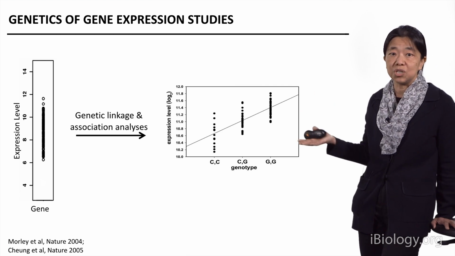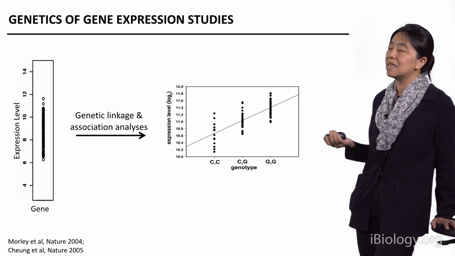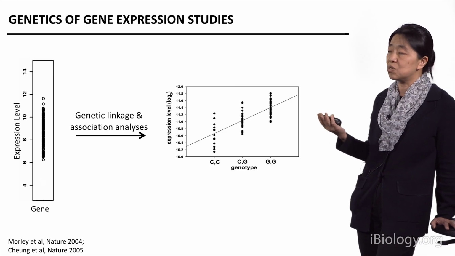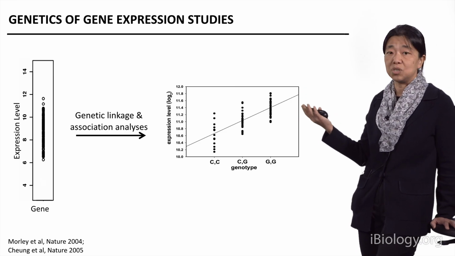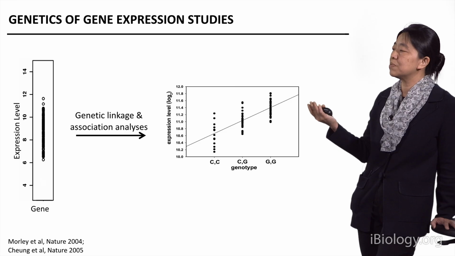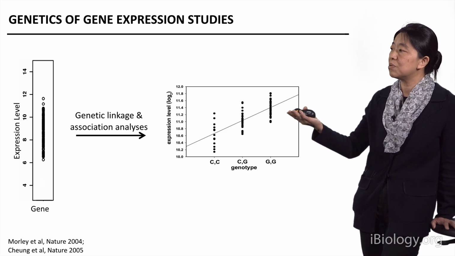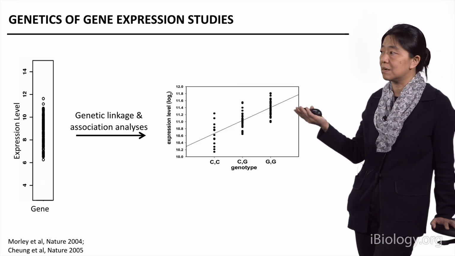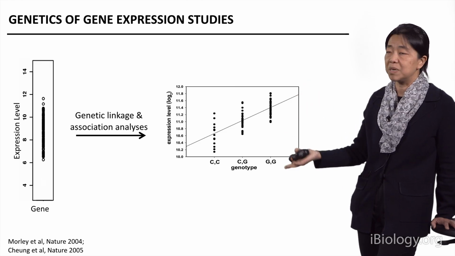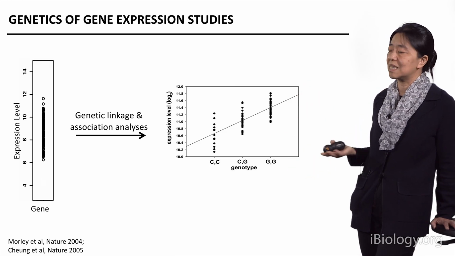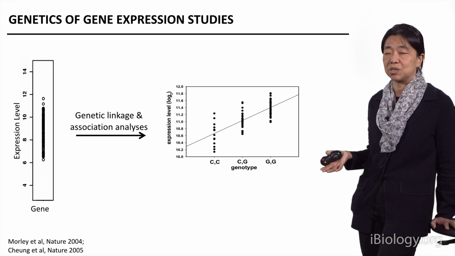So they have a CG at that DNA sequence. And then some individuals have gotten 2 Gs from their parents, so they are GG. As a result, we see here that individuals who have gotten 2 Gs from their parents have higher expression level, and people who have 2 Cs at that DNA site have lower expression level.